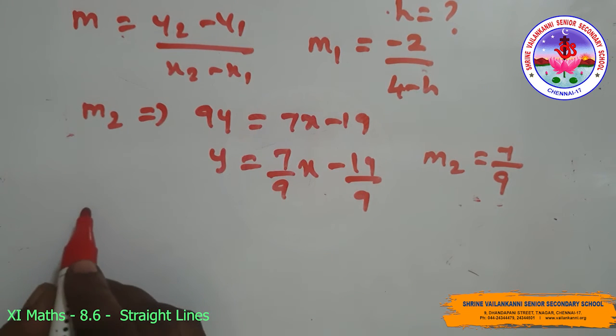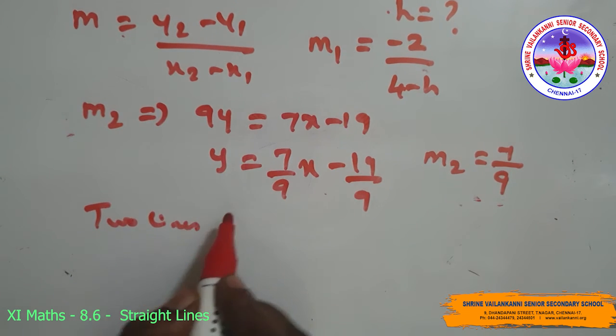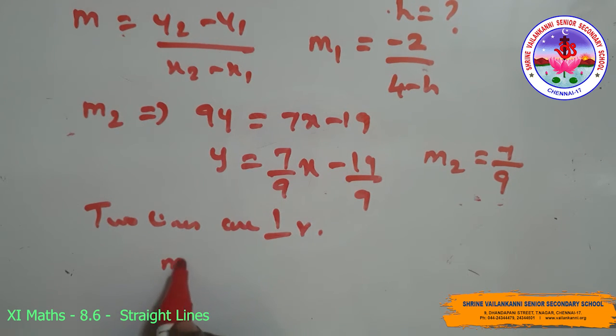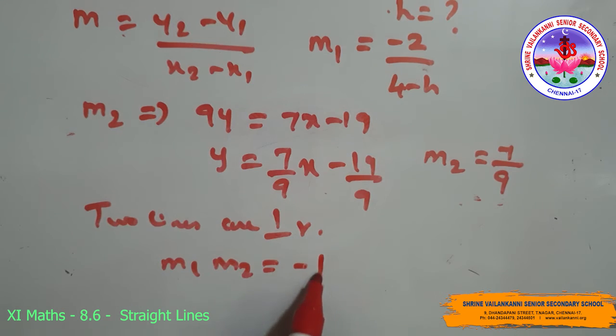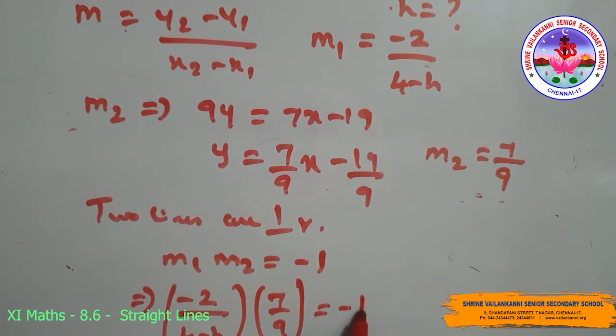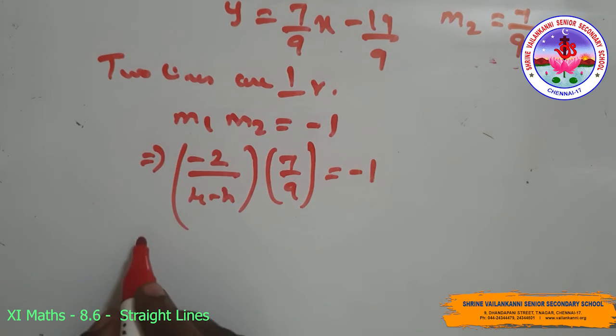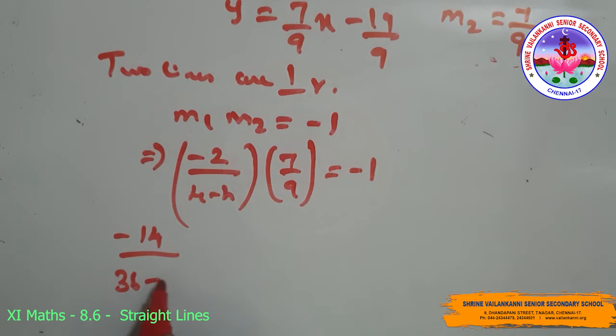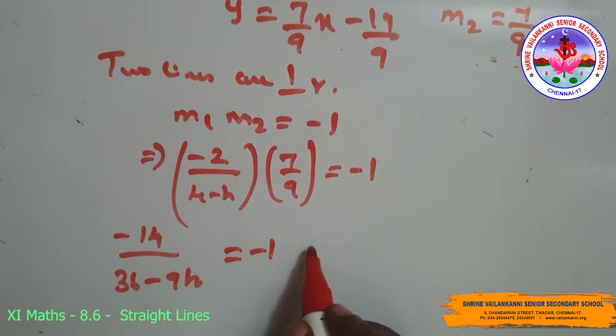It's given that two lines are perpendicular. So using the product of slopes equal to minus 1: minus 2 by 4 minus h into m2, which is 7 by 9, equal to minus 1. So minus 14 by 36 minus 9h equal to minus 1.